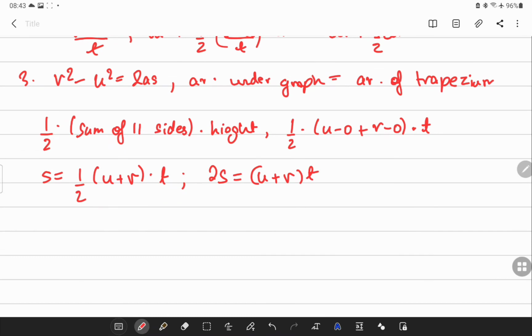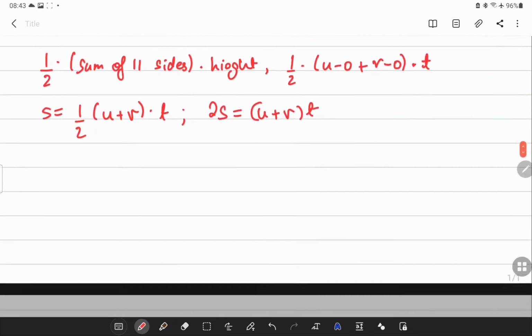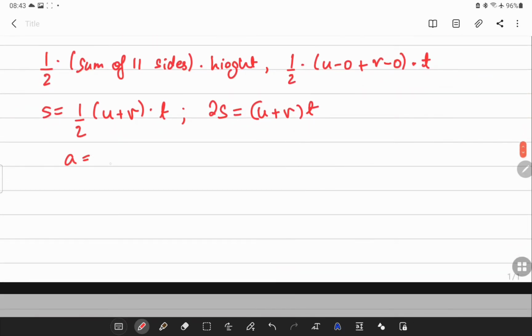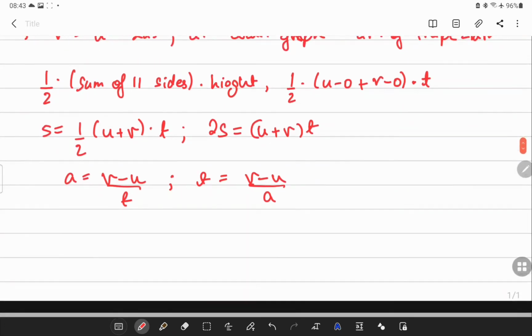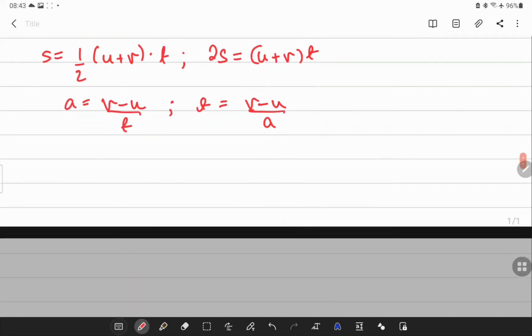Now coming on to the next thing, we also know a is equal to (v minus u) by t, or if we find time from this, t is equal to (v minus u) by a. Pretty intense relation, but I understand. Now can we put t is equal to (v minus u) by a? Absolutely no problem.